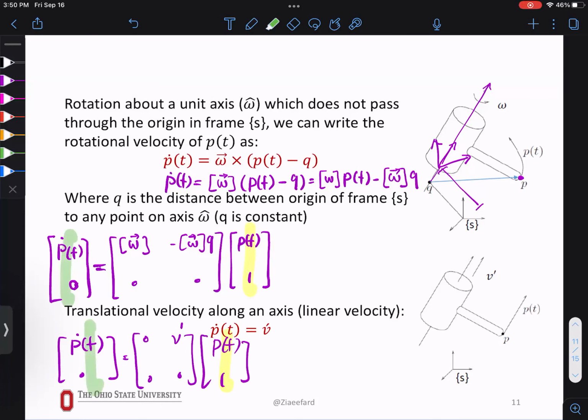Then I can combine them. Now, why did I write it like this? I need a 2 by 2 matrix because that's what I have here, right? Now, 0 times p is 0 plus v prime times 1 is v prime, and 0, 0. So I just put this in matrix form. Now I have both of them in the same format.